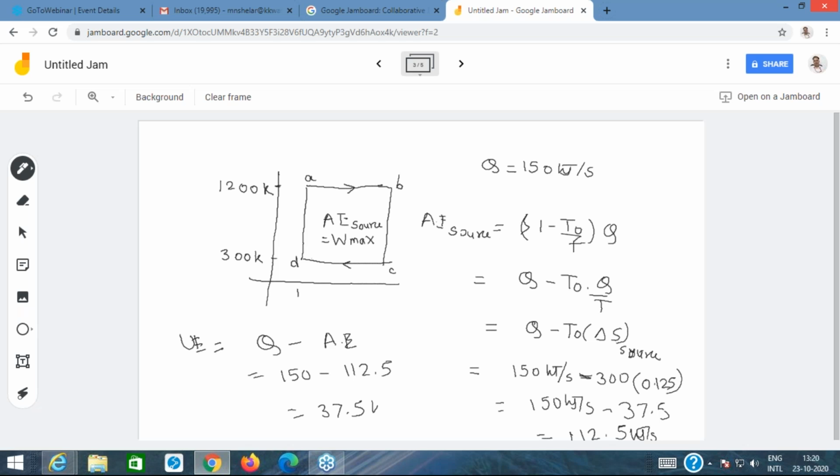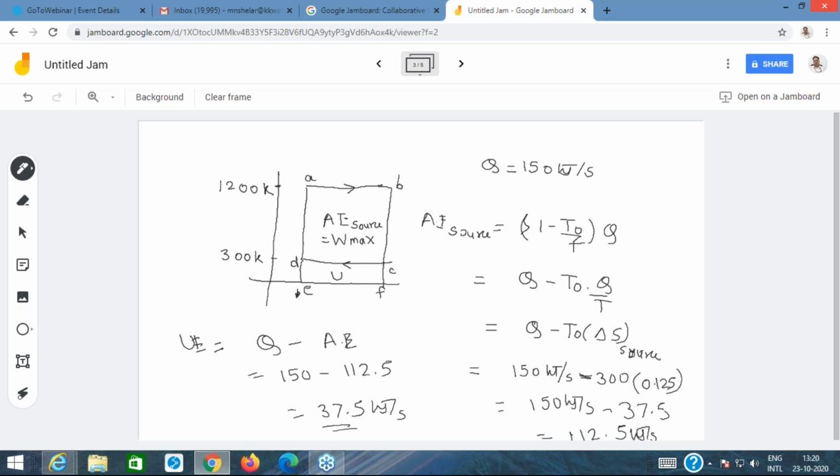And can we show that unavailable energy on the TS diagram? We can. It is the area under C to D. If I call this E and F, the area C, D, E, F is the unavailable energy.